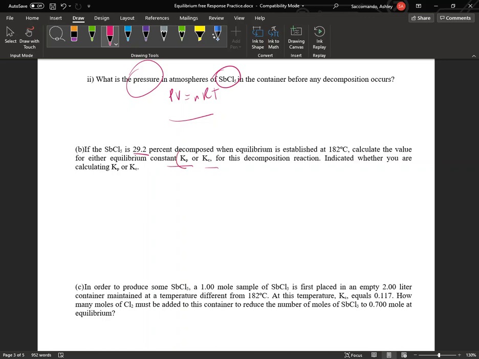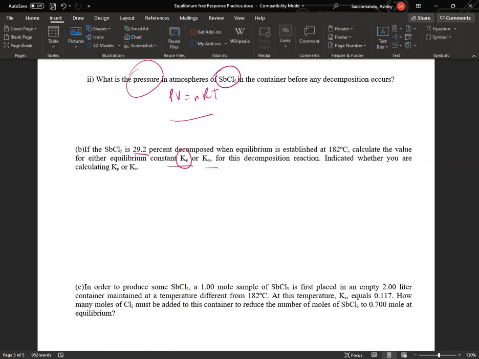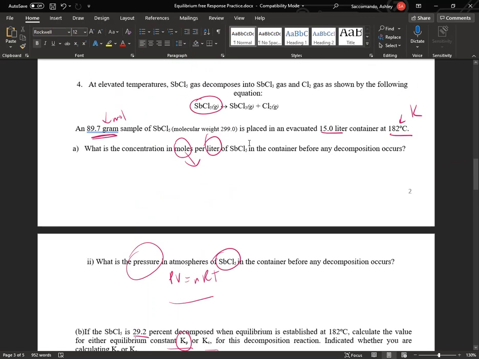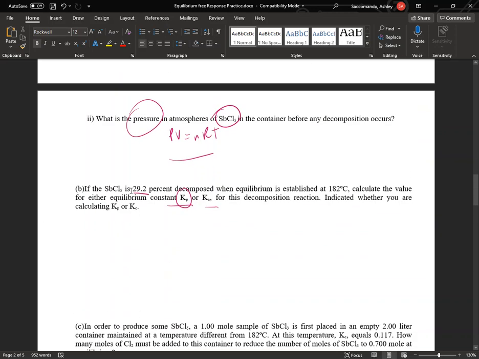In this case, once again, I think you can choose either one, because you could start with the moles per liter, which is Kc here, or you could start with the atmospheres here. So you could do Kp or Kc depending on which one you chose, because you know that 29% is going to decompose.